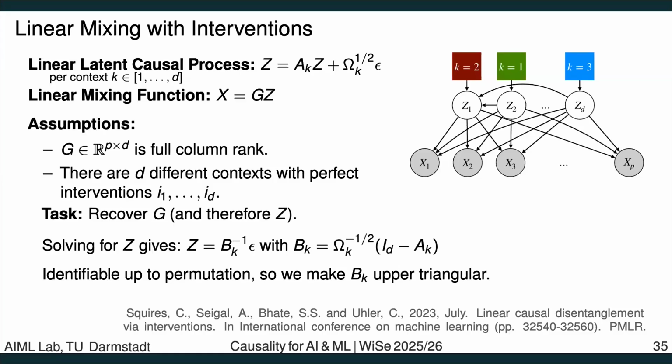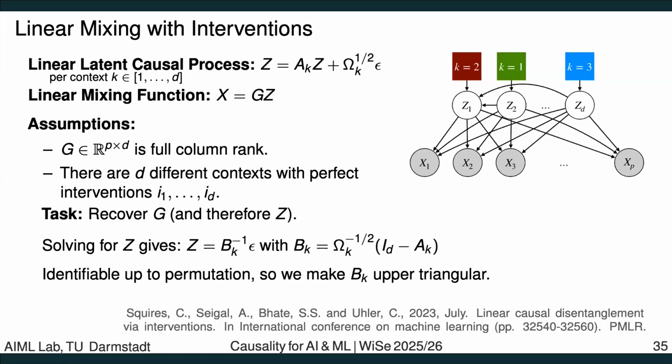Then there is some notation, which will become clearer in the next slide. Basically, we need to be able to invert these processes. And again, we want to identify all of those.